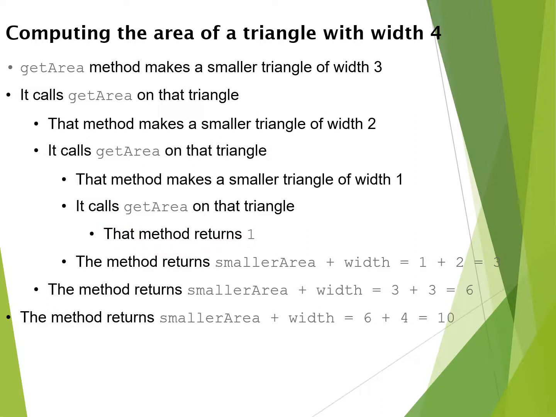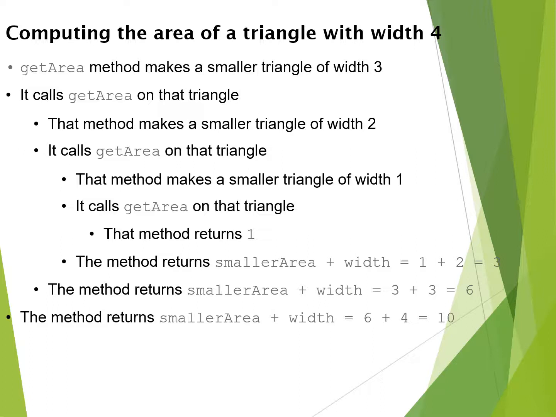Now, the last getArea method that is called returns 1. Now, when it returns 1, the previous getArea method, which was called for a triangle of size 2, returns the smaller area plus width, which is 1 plus 2, which is equal to 3. The method that was called for triangle of width 3 returns a smaller area, which is 3, plus width, which is 3. 3 plus 3 is 6.